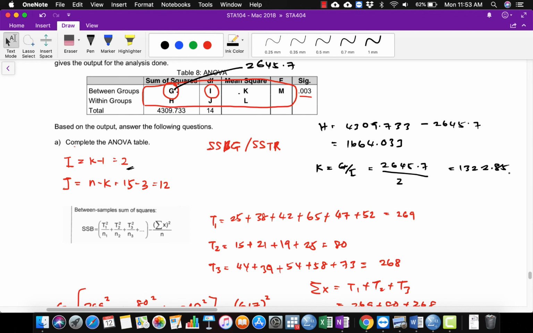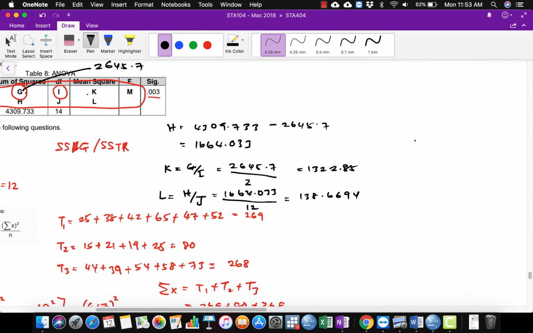And L should be equal to H divided by J, which is 1664.033 divided by J equal to 12, should be equal to 138.6694.